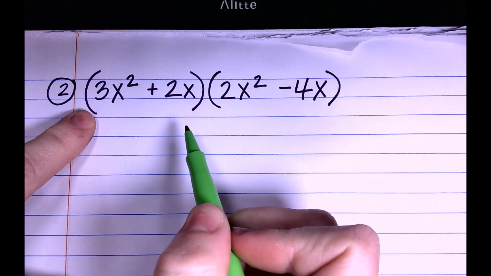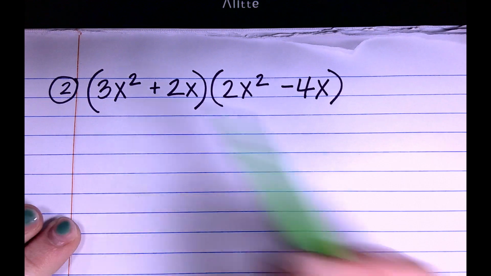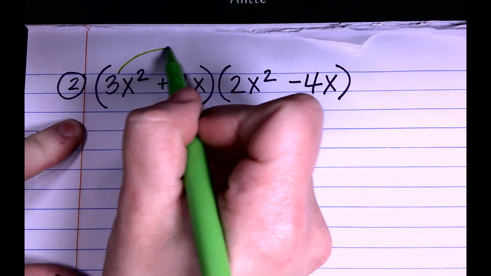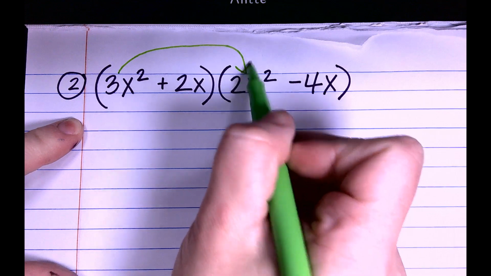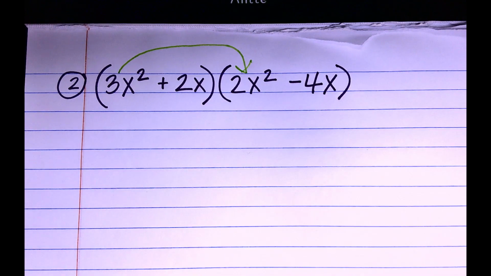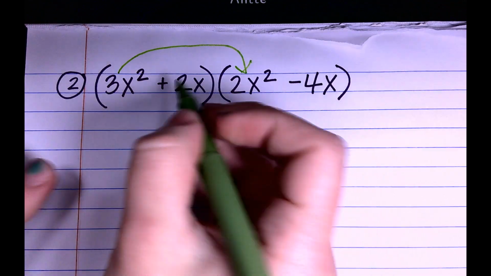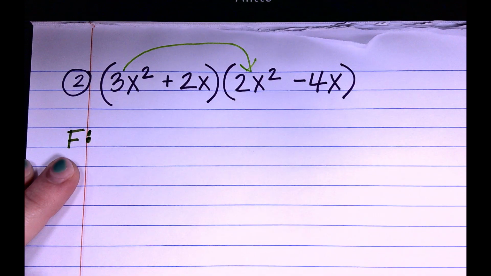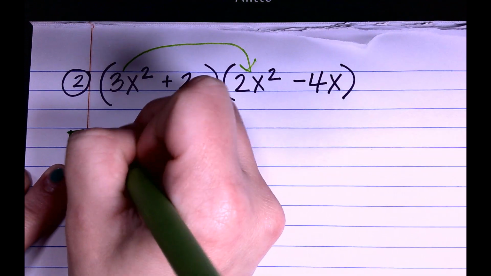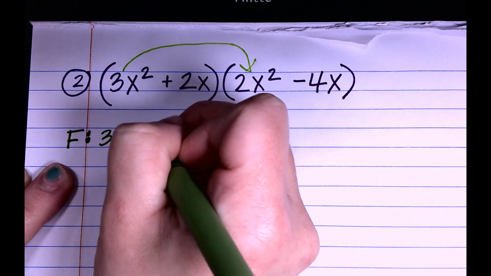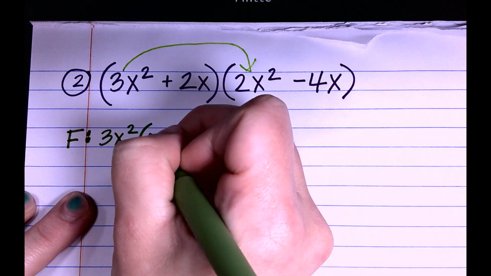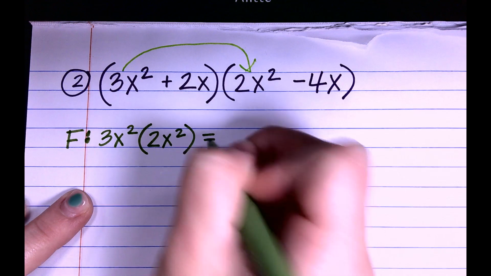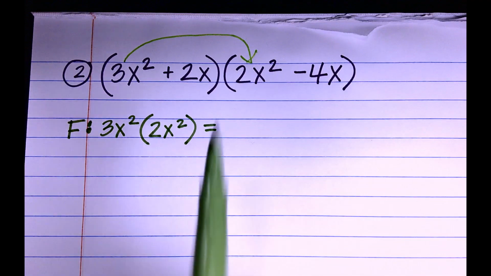So we're going to start with our first terms. We have 3x squared times 2x squared. And I'm going to write this out slowly. Here are our first terms. Okay.